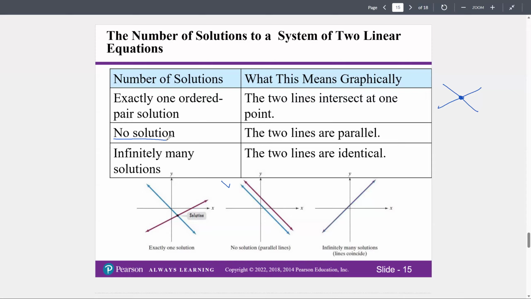There's also the case, which we've seen before when we were talking about solving equations, that you could have two lines that look like they're different lines. The equations might look different, but the line itself will be identical, which is what we have there. In that case, we have infinitely many solutions, and the solutions are all the points along the line.